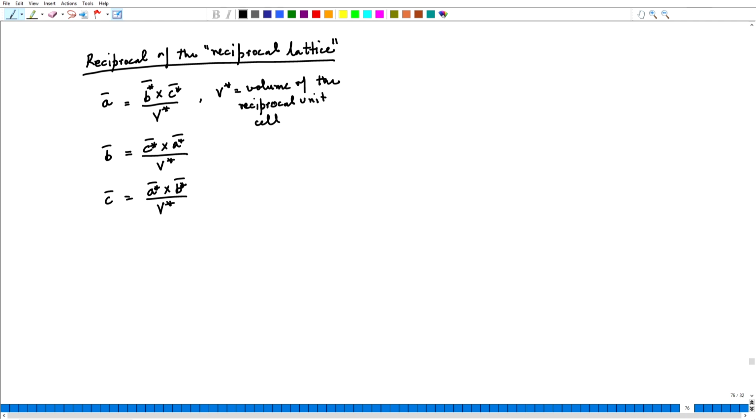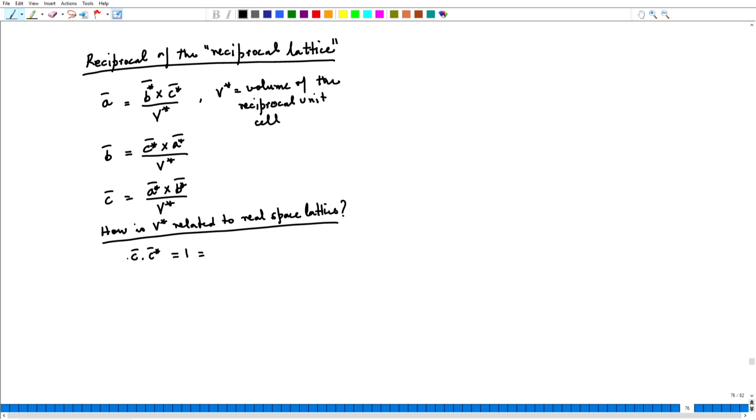Now, how is V star related to the real space lattice? Well, let us do the following exercise. What is the dot product between C and C star? The dot product between C and C star we already know is 1.